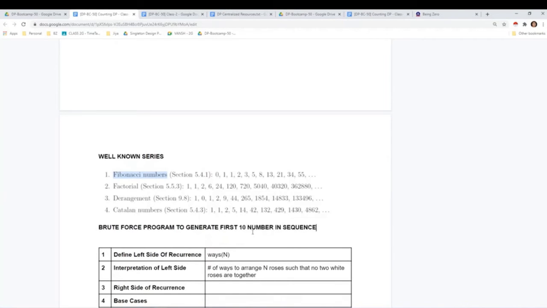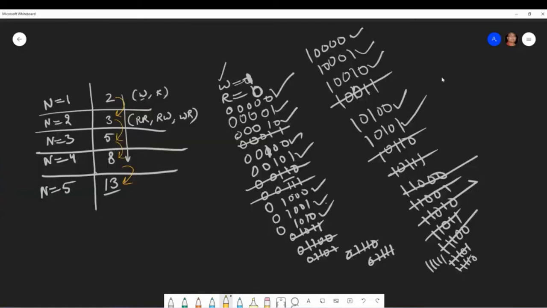For example, it is easy for us to write a brute force program which can generate all the binary patterns for you. If you are generating 5-bit patterns, there are 2 power 5, so a total of 32 patterns. So it is easy to write a program which goes from 0 to 31, converts every number to its binary form, and validates whether that binary pattern is valid or not.